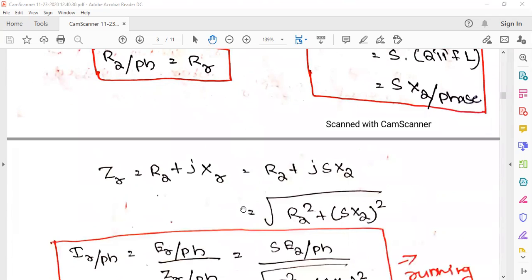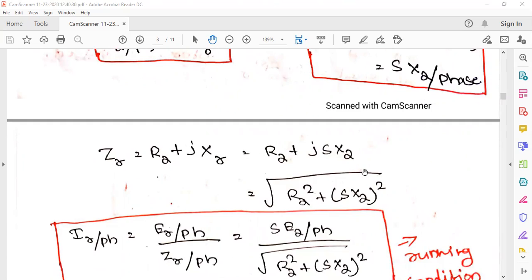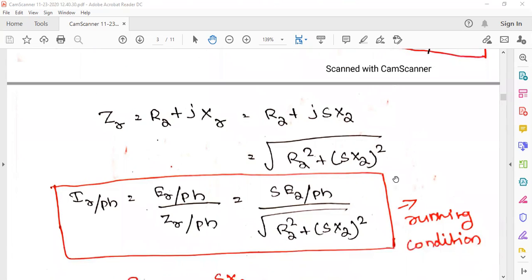So Z2 is equal to R2 plus jXr, which is R2 plus jSX2. So the EMF will be S into EMF and the reactance will be S into reactance. But resistance is not a frequency dependent term, so we need not put the slip factor. So Z is equal to the root of R2 square plus SX2 the whole square.